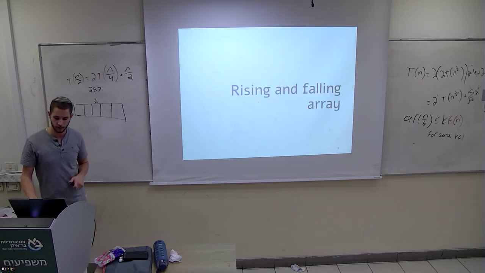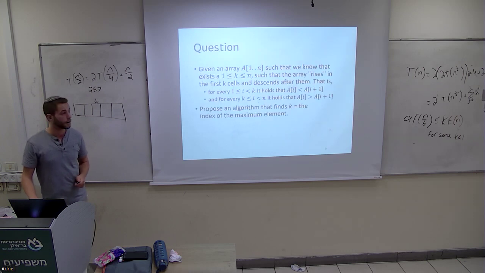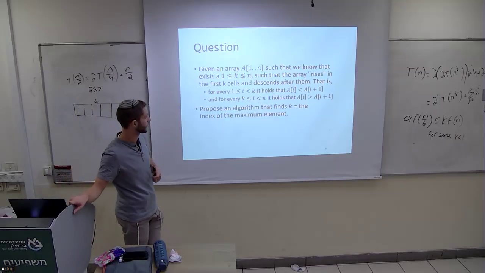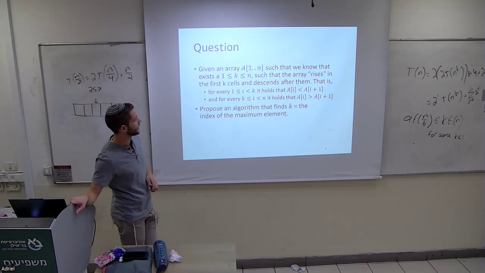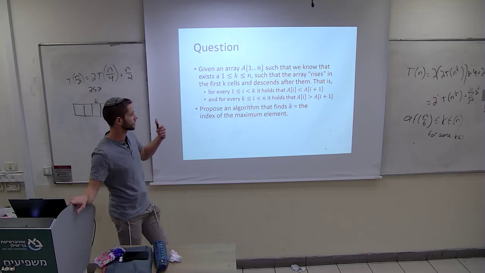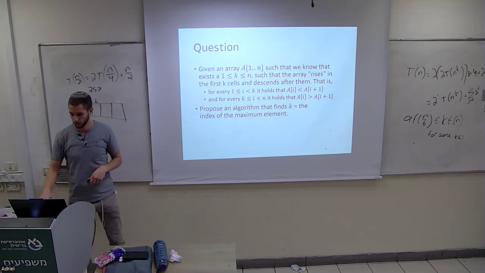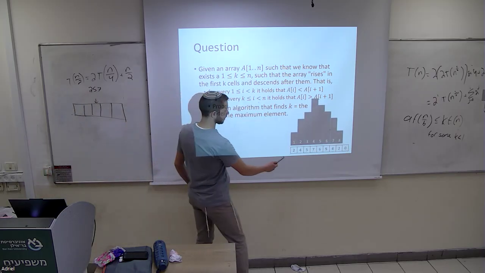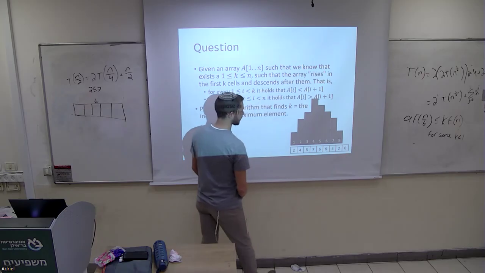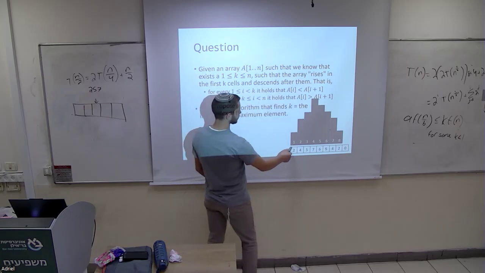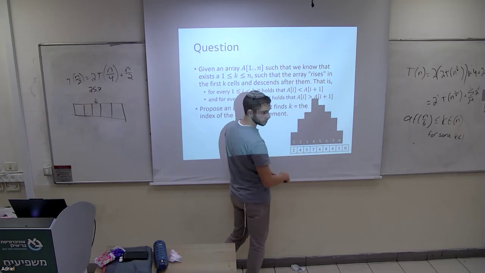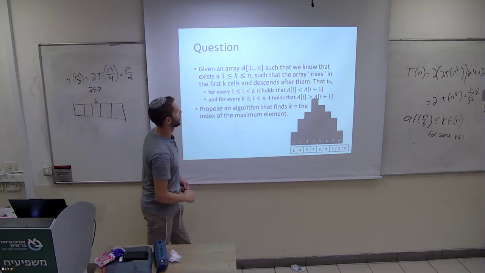Okay, now we get to questions. Rising and falling array. Given an array from 1 to n, such that we know there exists a k, such that the array rises in the first k cells and descends after that. So we're going to get something like this: there's one place where everything rises on one side and everything descends on the other side.